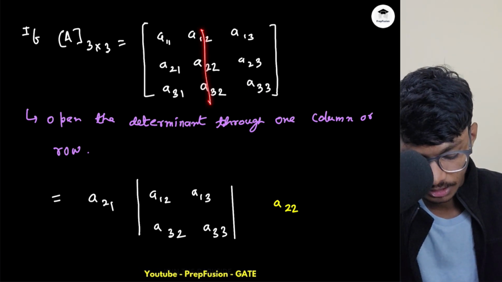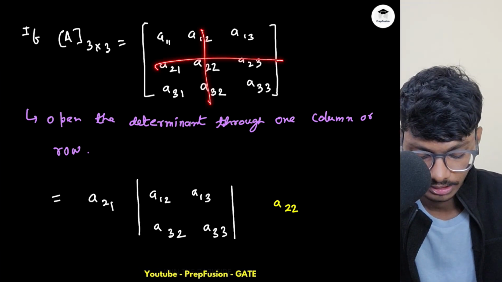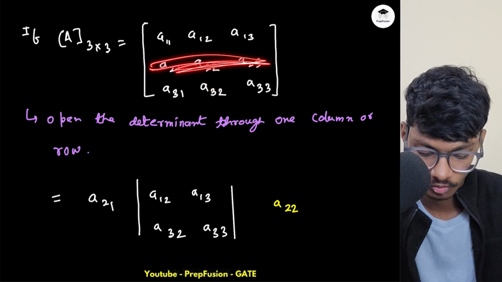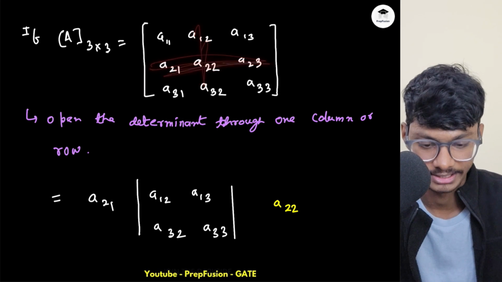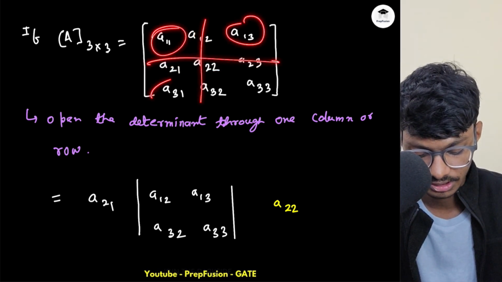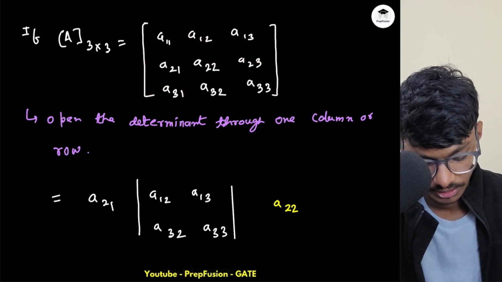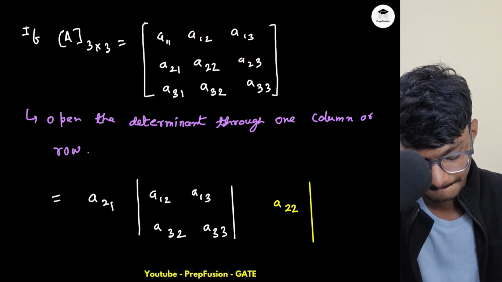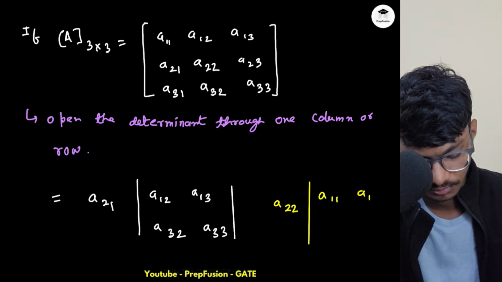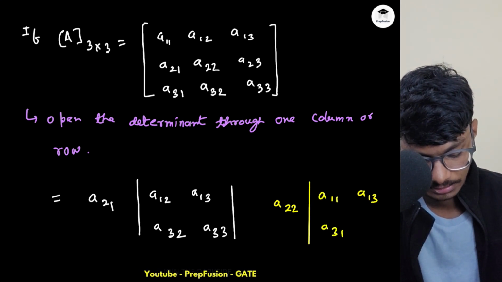Then again I will ignore this column of this element and the row of this element. Obviously row is always same, but the column changes now as I'm opening through the row. So what elements are left? A11, A13, A31, A33. So we write those. A11, A13, A31, A33.